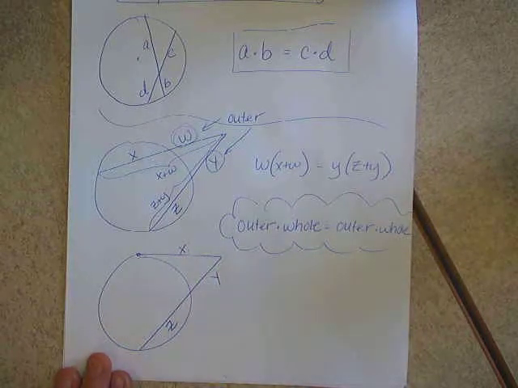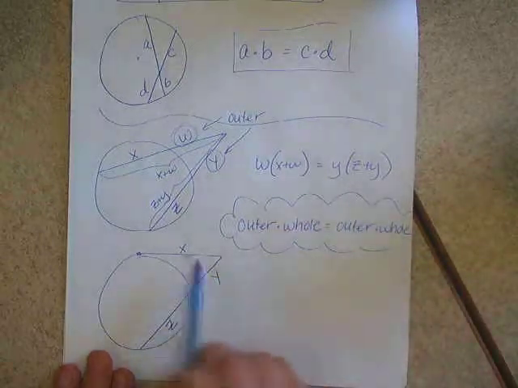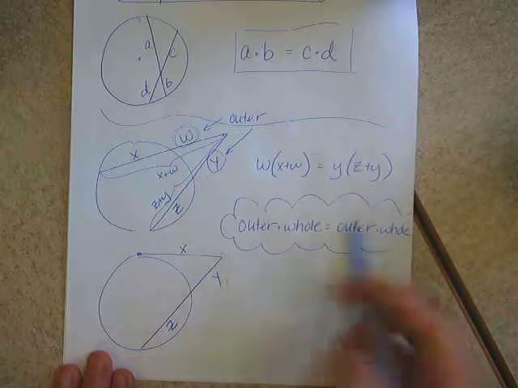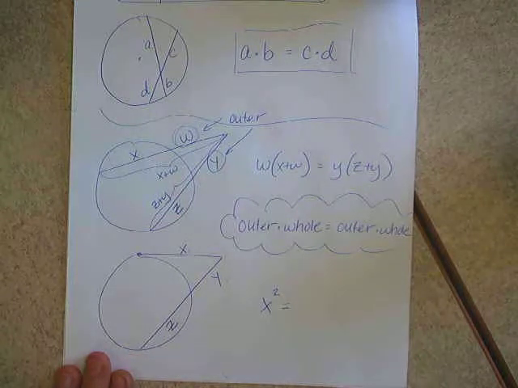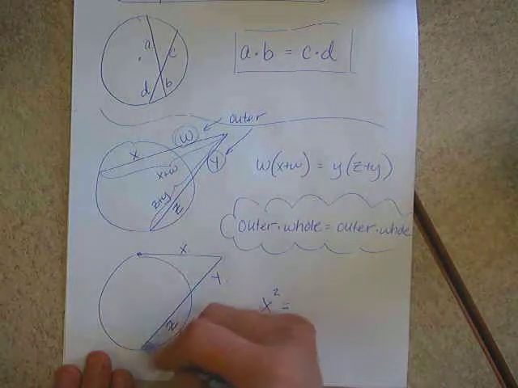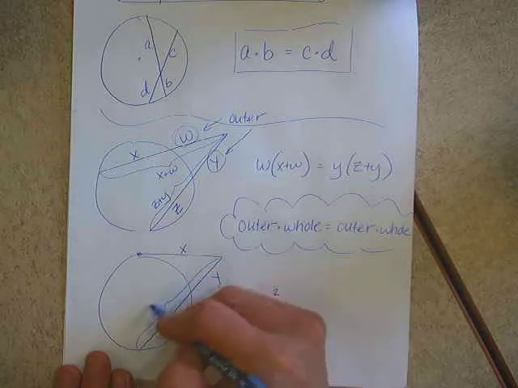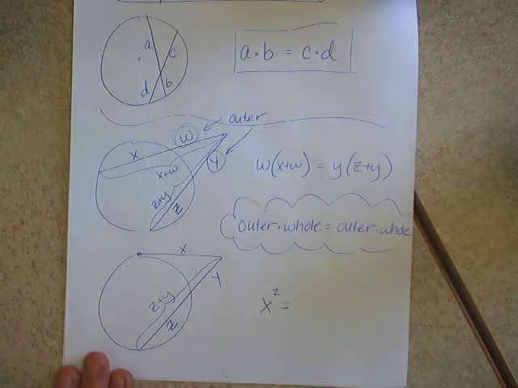Down here it's slightly different because the outer part is the whole segment, but you would still do outer times the whole segment. So X times itself is simply X squared for this one.